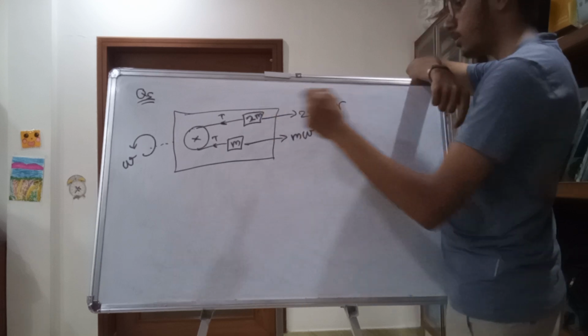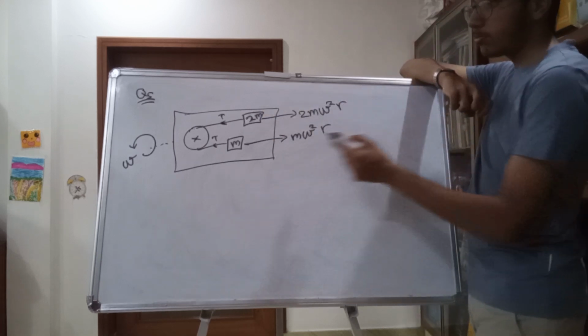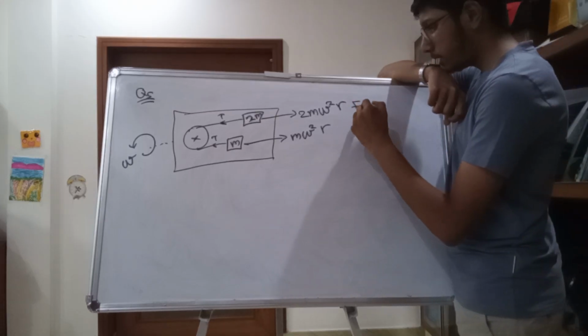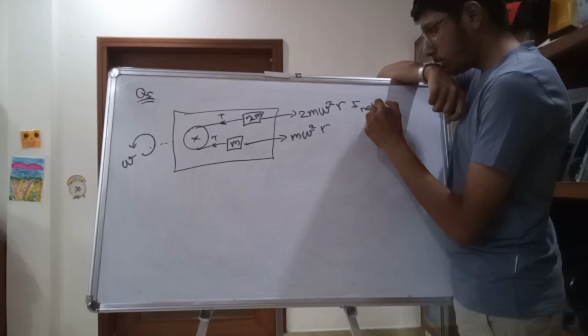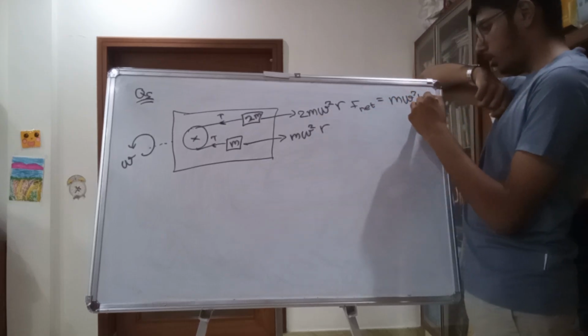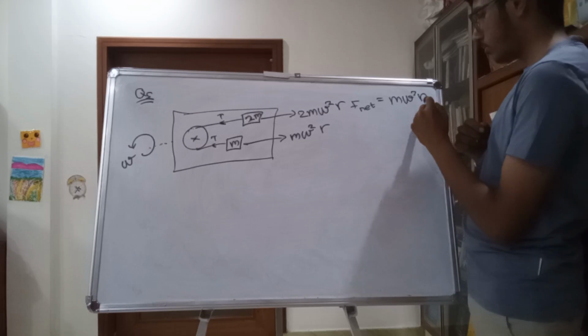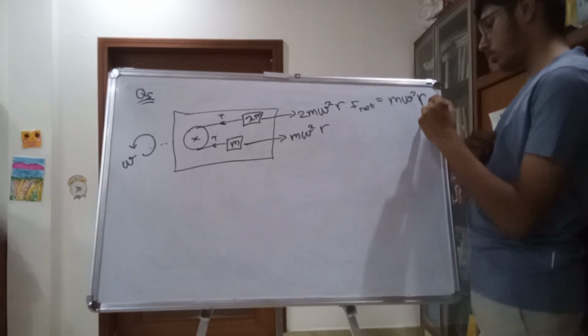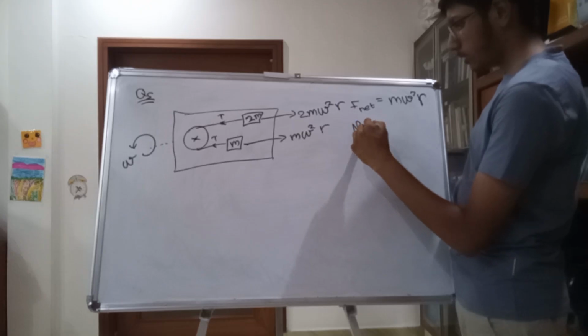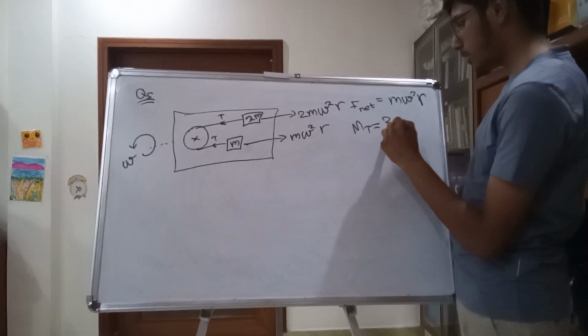What is the acceleration of the system they are asking? Right, both will have the same acceleration. So let's say, what is the F net? Net force is this minus this, which is going to be m omega square r. And what is the total mass? Total mass is equal to 2m plus m, 3m.